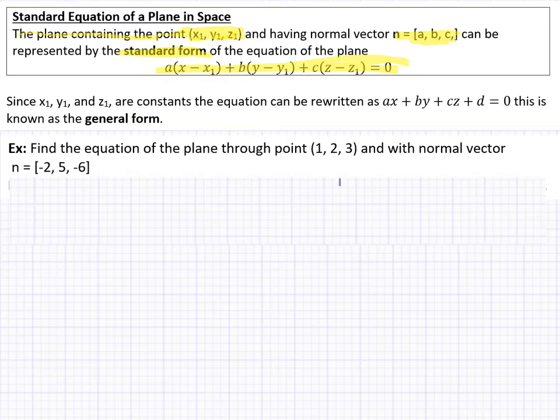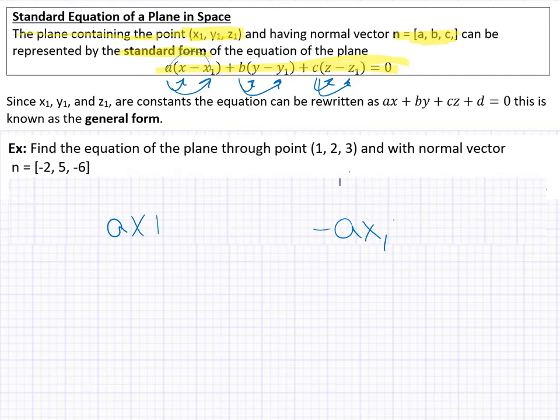So if we distribute this a in here, and b in, and c in, what you're going to see is a times x will give you ax, and a times x1 is just a constant, because a and x1 are both constants. So that's a constant.